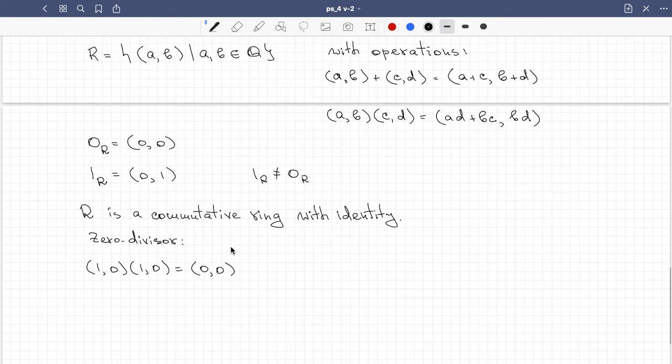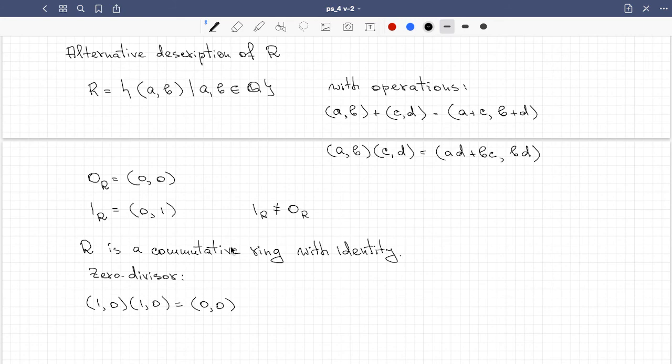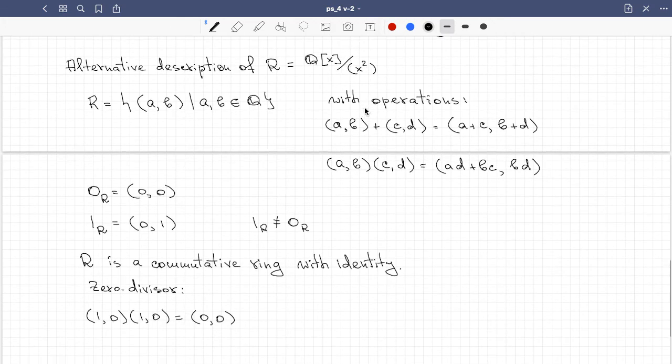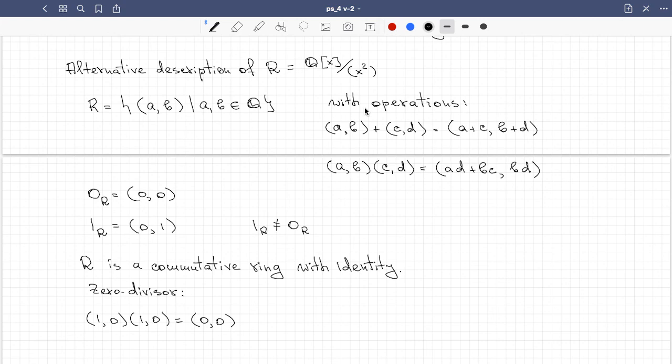So, in this way, you got an alternative description of this ring R. Still, R was originally Q[x] modulo x squared, polynomials with rational coefficients modulo this polynomial. So what we produced is a commutative ring with identity, the set of ordered pairs with these operations, with a zero divisor.